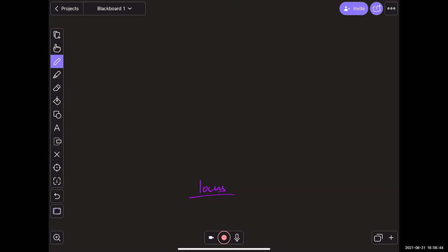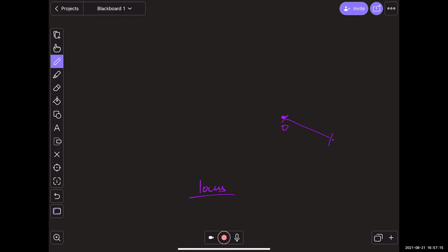So let's talk about an example right now. What if we started off with a point? Let's call this point O, okay? Around this point O, let's think about all of the points that are exactly, let's say, 1 inch away from O. All of the points that are exactly 1 inch away from O. What would this collection of points create?